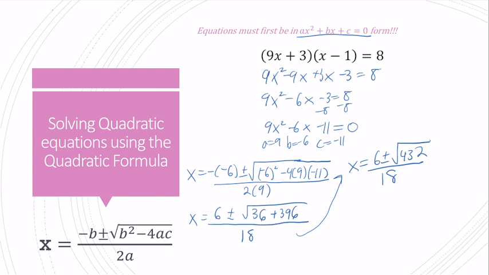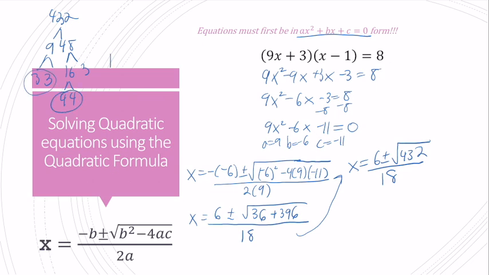432 is a pretty big number, but I know it's going to be divisible by 9. So I've got 9 times 48. 48 is 16 times 3. So I have 4 and 4 and 3 and 3. Those are my two perfect squares.